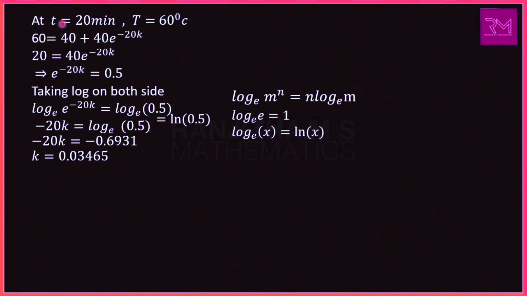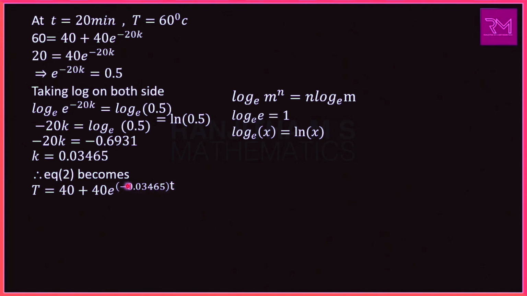Once we substitute the second data value, that is t equal to 20 minutes, T becomes 60 degrees Celsius in equation 2, we get the value of k. Once we obtain the k value and lambda value, substitute in equation 2. Equation 2 is T equal to 40 plus 40 into exponential power of minus 0.03465 into t.